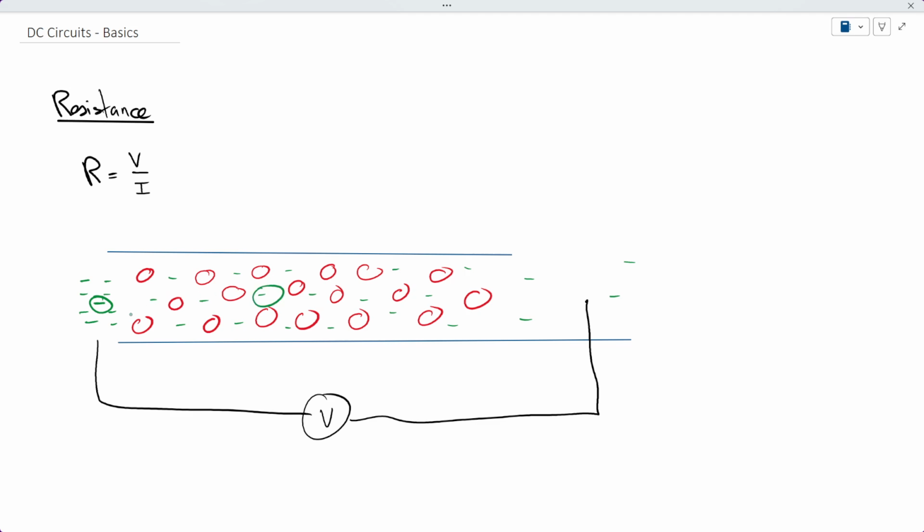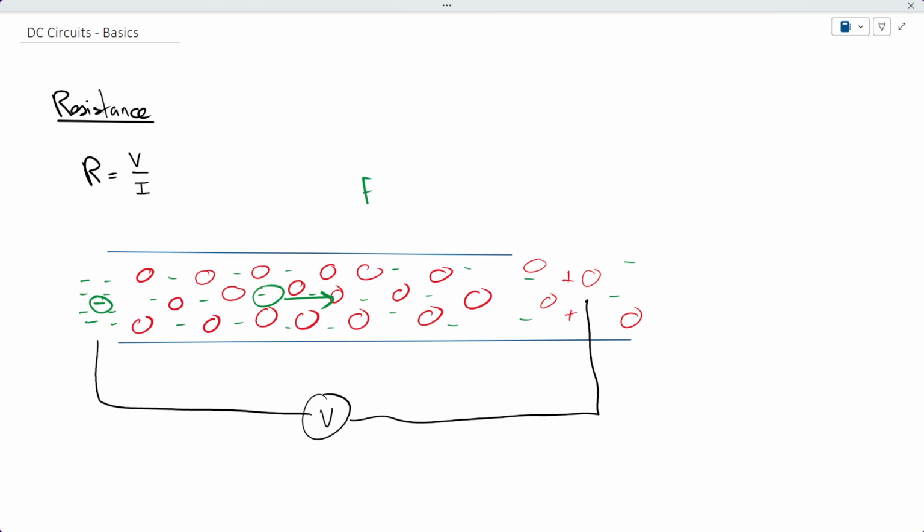It is being repelled from the high concentration of electrons on the right, and it's being attracted towards this low concentration because remember, in a neutral substance there would be one free electron for each positive ion, but if there's a lower concentration than that, then I've actually got a positively charged region. So every single electron in this wire is experiencing a net force to the right.